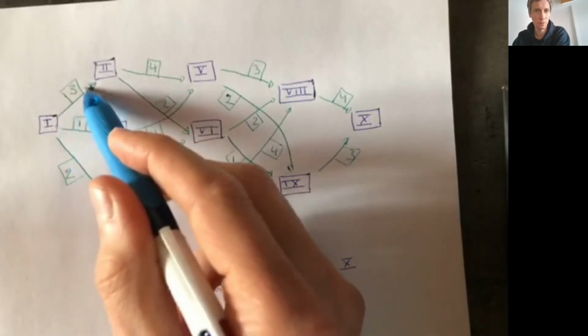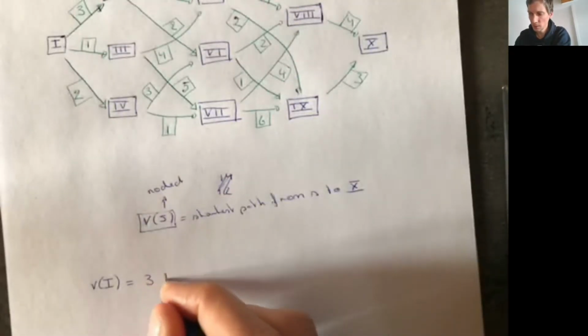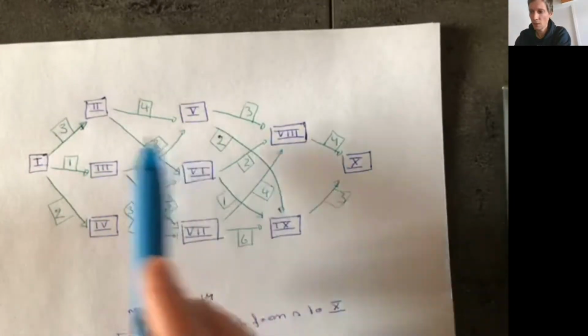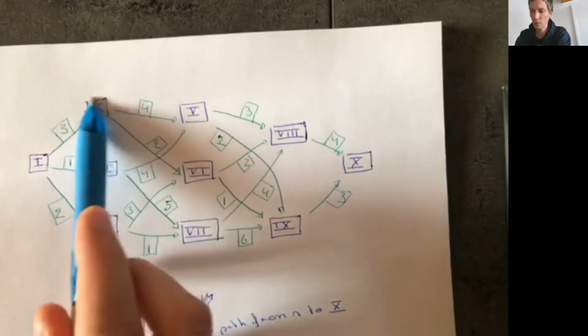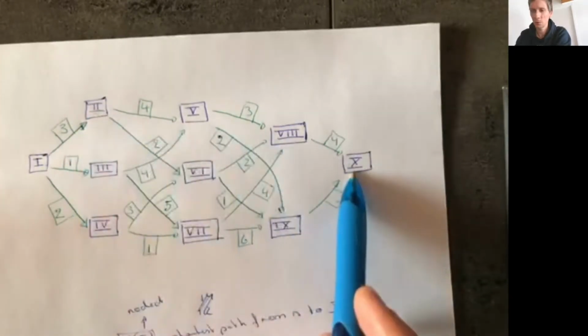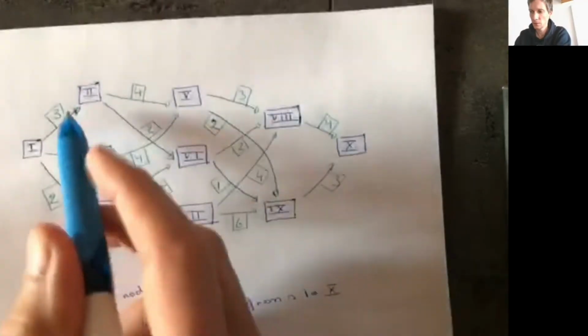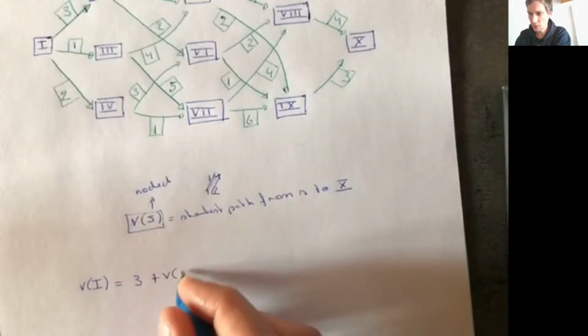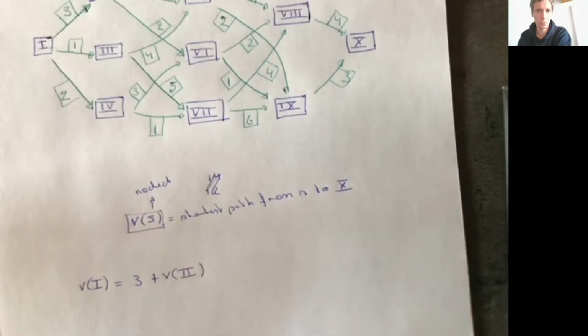Well, I have a cost of 3, plus then the problem of going from 2 to 10. And once I arrive at 2, the best thing to do is to take the shortest path from 2 to 10. So my cost, if I go from 1 to 2, is going to be 3 plus V of 2.